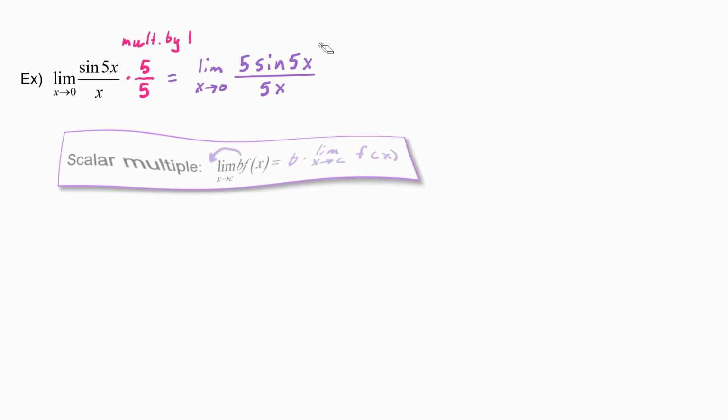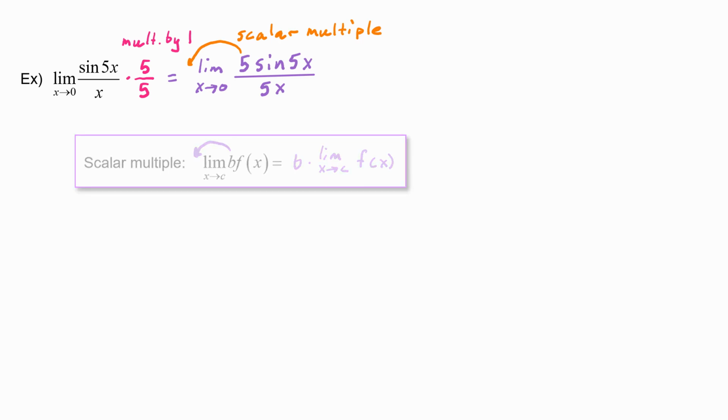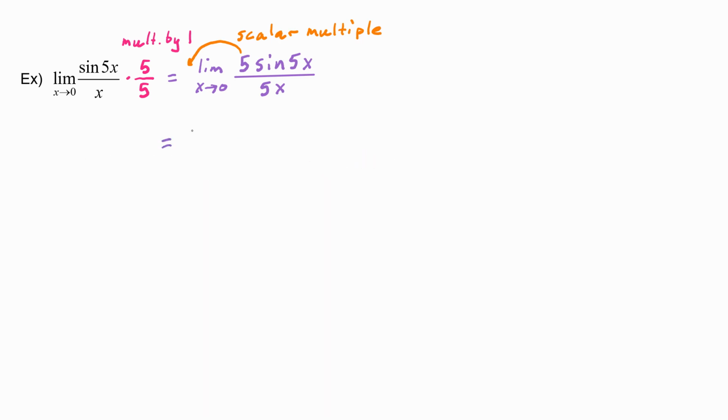Now, the scalar multiple rule tells us that this 5 can come out front. So that means we can rewrite this as 5 times the limit as x goes to 0 of sine 5x over 5x.